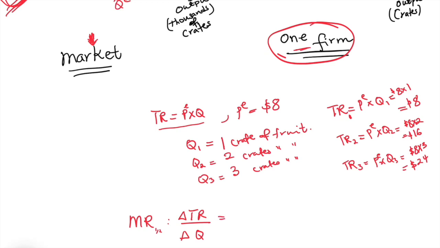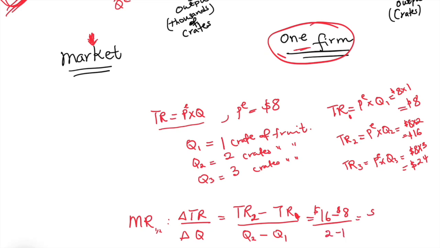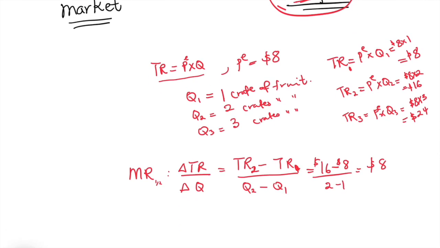Okay, so that will be total revenue 2 minus total revenue 1 divided by Q2 minus Q1. Okay, so that will be 16 minus $8 divided by 2 minus 1. The answer is 8. Okay, interesting.